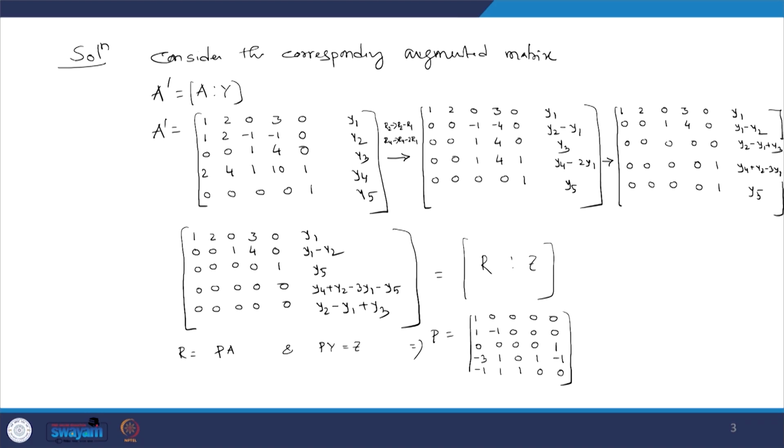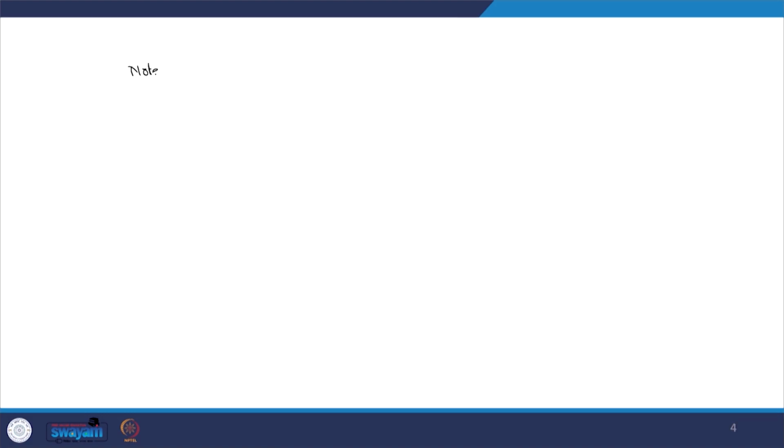See, I can write the fifth row as the fourth row or the fourth row as the fifth row. So, this means that I can have different P matrices. Therefore, this P matrix we have obtained here is not unique. P is not unique, but it is clearly an invertible matrix.